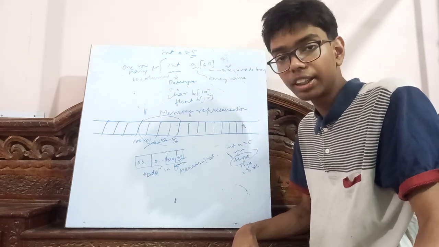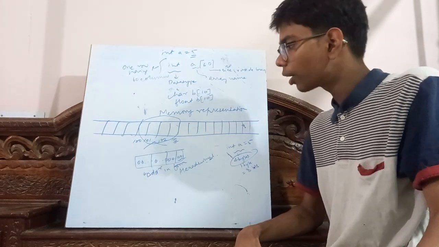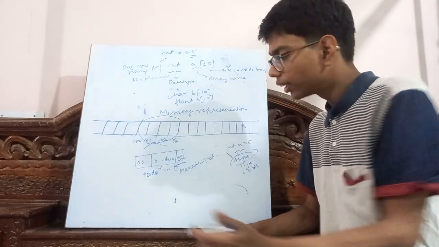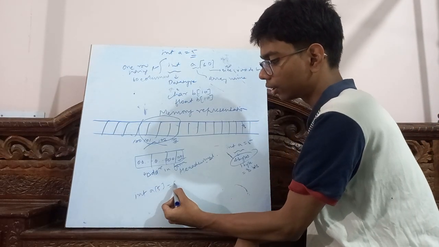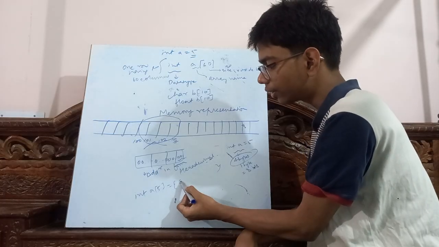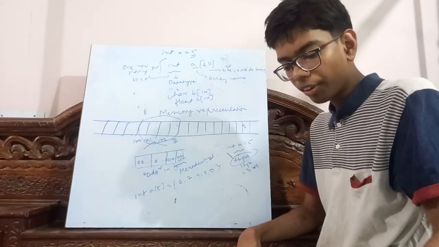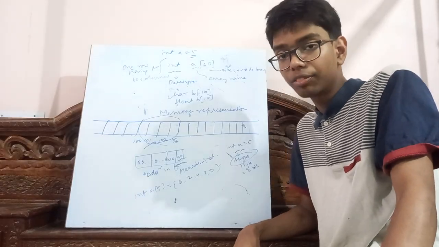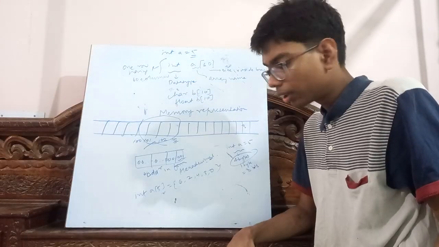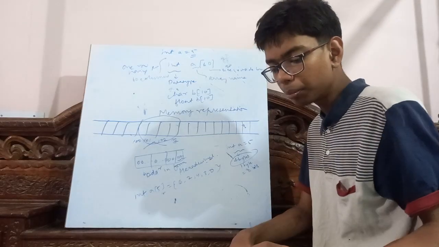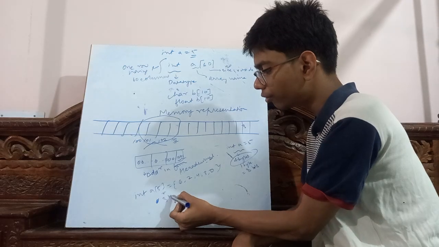Then we will see what is compile time initialization and runtime initialization. Compile time initialization is declaration of the array at the beginning, fixing all the values there. If I store more than 5 elements, it will give a compile time error because the size is 5. The drawback of compile time initialization is that storage can be wasted.